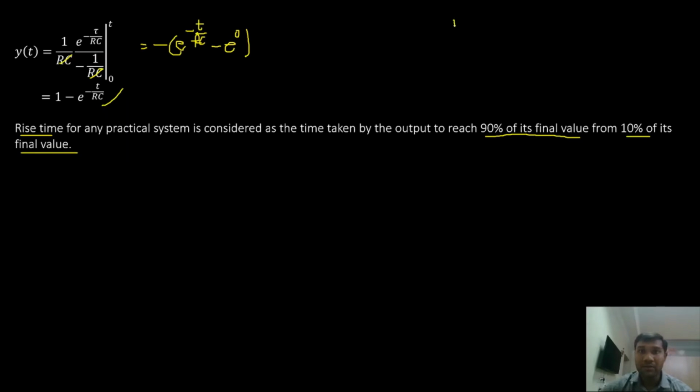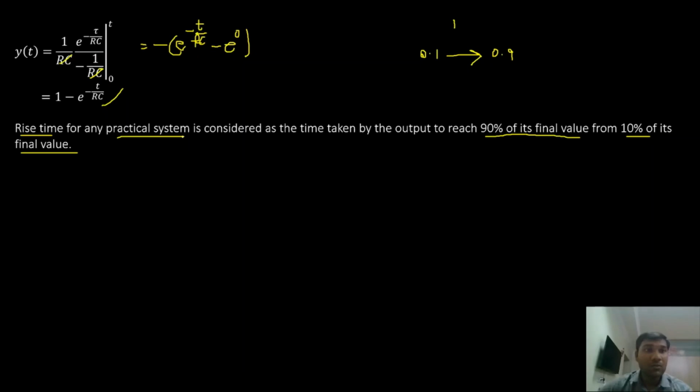If the final value is 1, then from 0.1 till 0.9, how much time the signal takes to reach 0.9 from 0.1 is the rise time in case of a practical system.